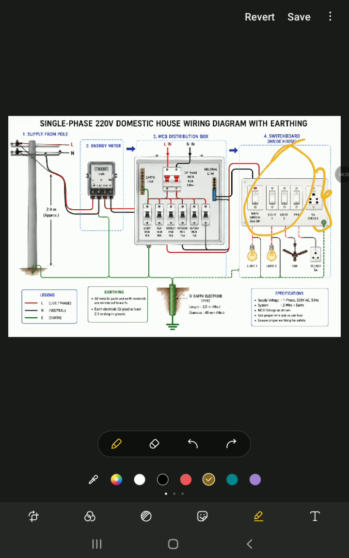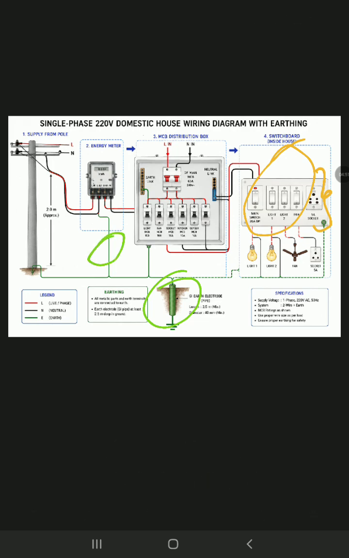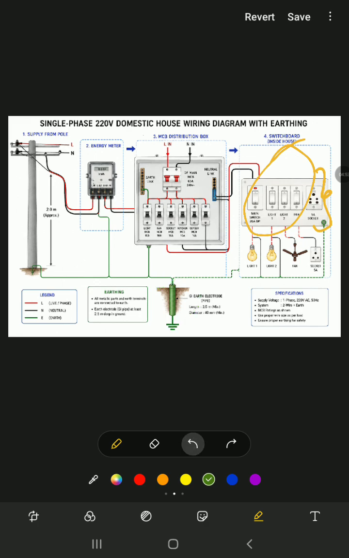And now the concept comes to earthing. We know earthing is a safety device. It reduces the potential difference to zero, and it saves us from electric shocks, as some appliances contain electrical iron bodies, due to which the current may spread. That earthing wire is denoted with a green wire, which is connected to the electrode.